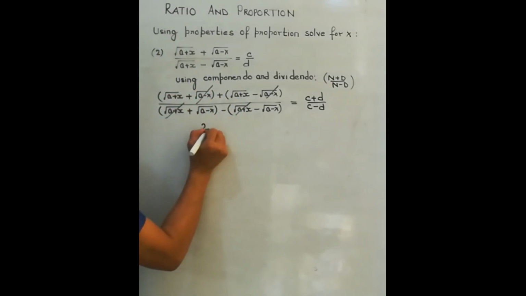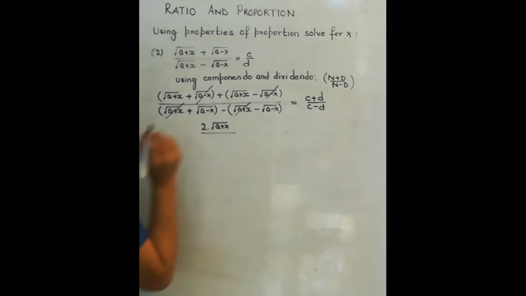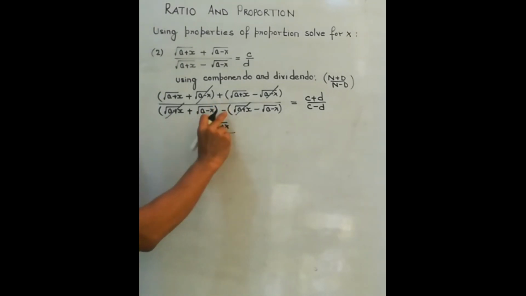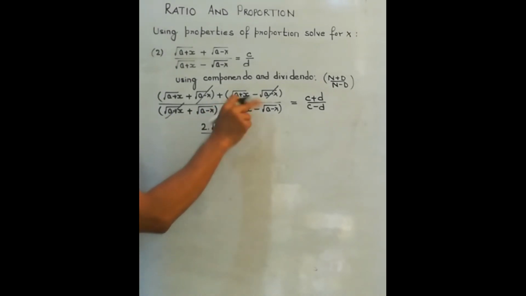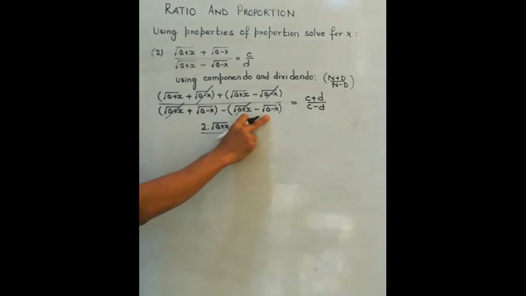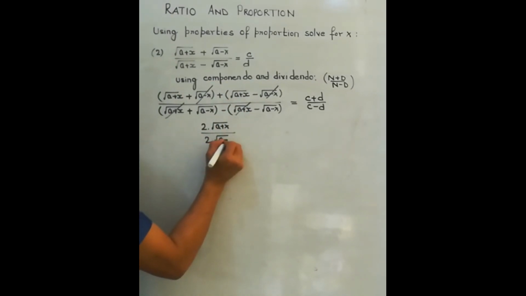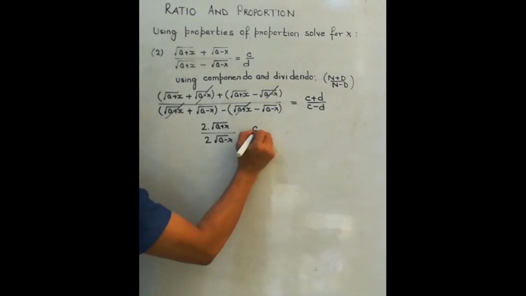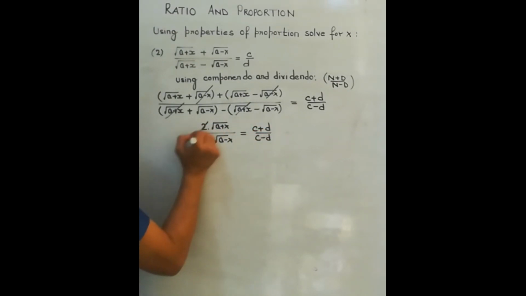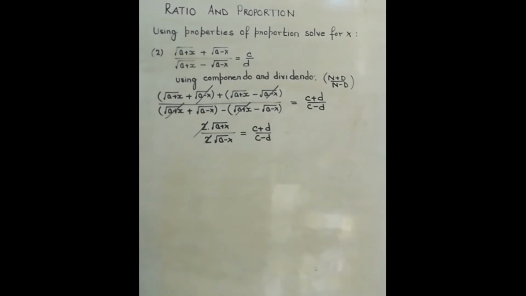So we can write it as twice root of a plus x. In the denominator place, root of a minus x, and when you open the bracket minus minus plus, again you get root of a minus x. So you are getting root of a minus x twice. It can be written like this. See? Hope this much is clear to you.